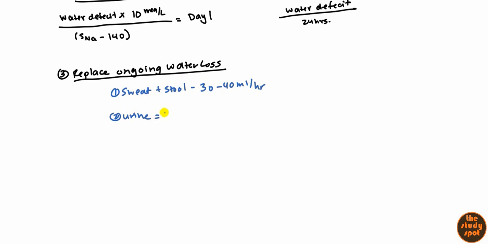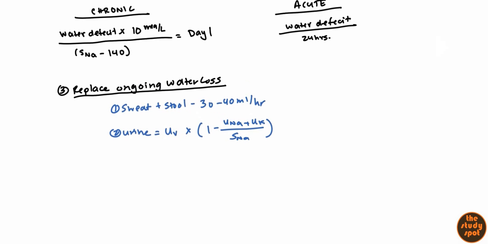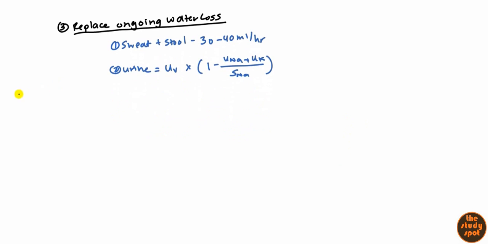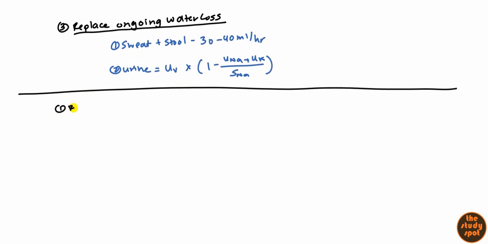For urine, you take the urine volume that we talked about in the labs, and you multiply that by 1 minus the urine sodium plus urine potassium divided by the serum sodium. When you do that, you get a specific volume, and you want to add that volume to whatever you're already giving to take that into consideration. That's pretty much how you manage patients with hypernatremia to get them back to normal natremia.